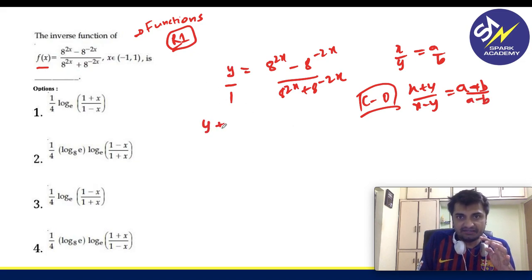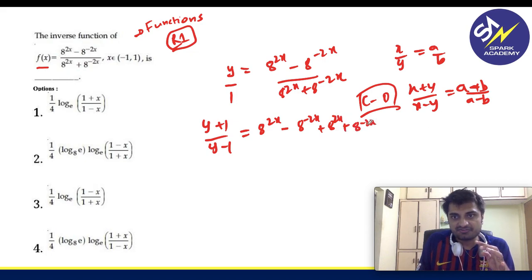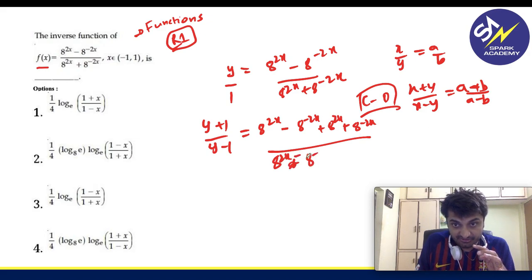So I can write y plus 1 by y minus 1 equals 8 power 2x minus 8 power minus 2x plus 8 power 2x plus 8 power minus 2x, whole divided by 8 power 2x plus 8 power minus 2x minus 8 power 2x minus 8 power minus 2x.